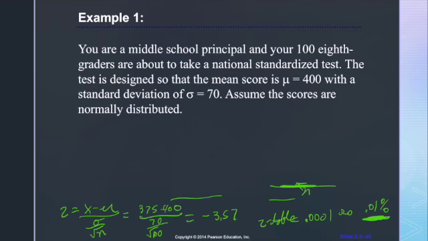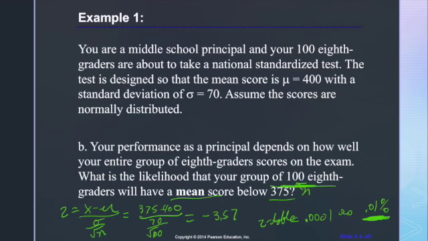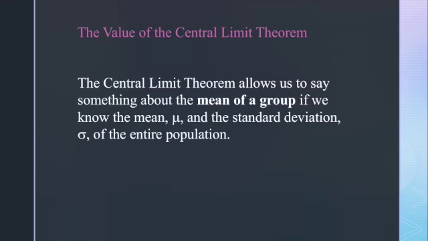So the central limit theorem allows us to say something about the mean of a group if we know the mean and the standard deviation of the entire population. If we don't know the standard deviation of the entire population, that's something we're going to be talking about in Chapter 7.